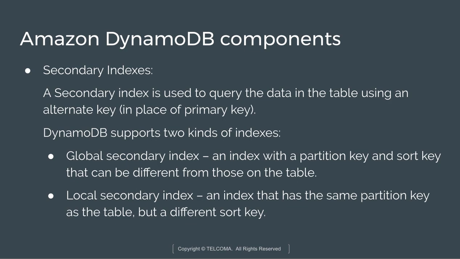Now again, DynamoDB supports two kinds of indexes. First is global secondary index, next is local secondary index. We can define up to 5 global secondary indexes and 5 local secondary indexes.